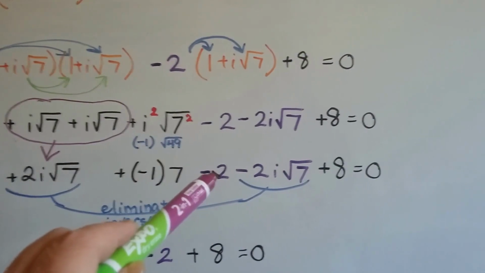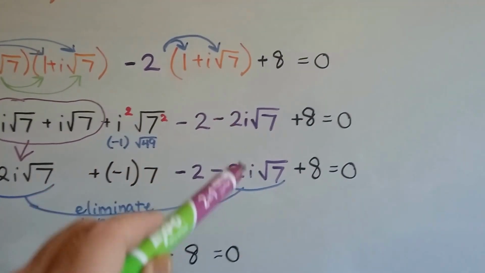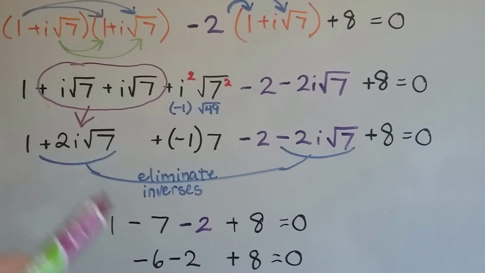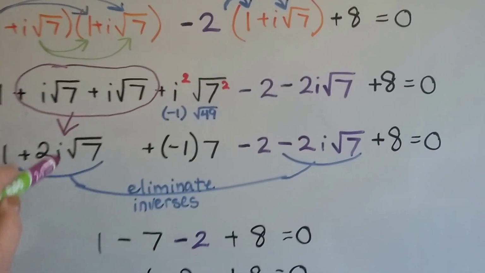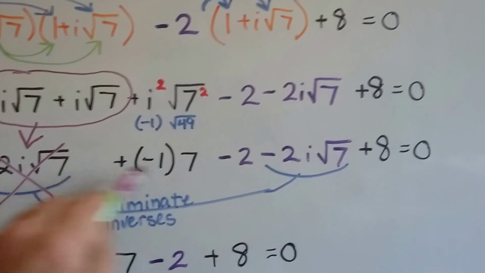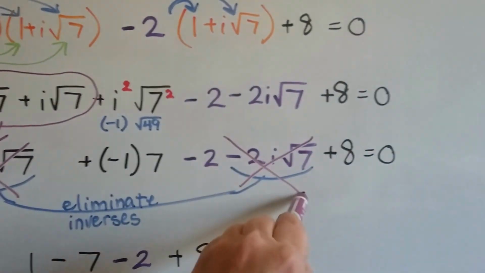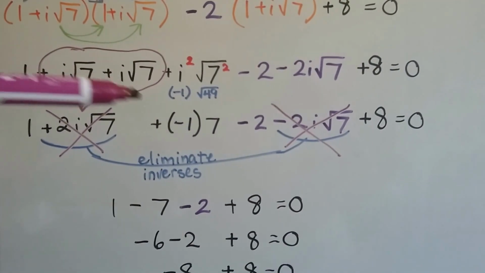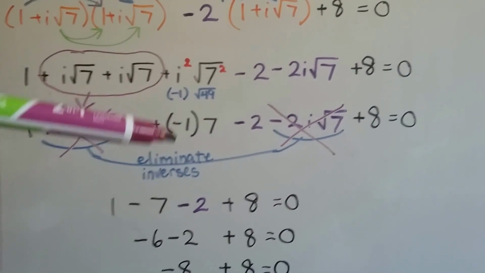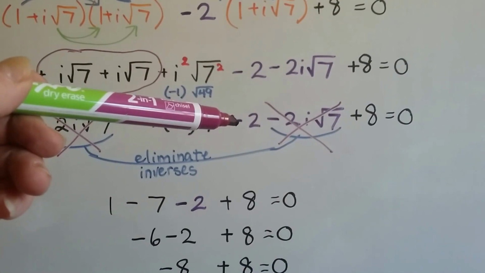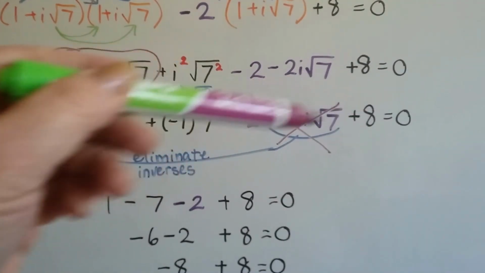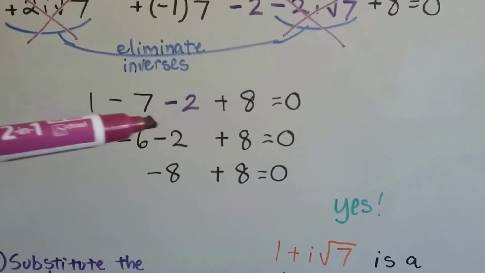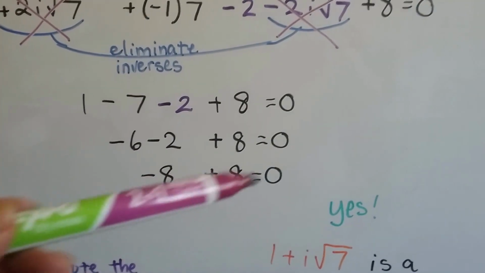We've got our negative 2, and we've got our negative 2i square root of 7 and our plus 8. Now look at this, plus 2i square root of 7 minus 2i square root of 7. So this one and this one can be canceled out as additive inverses. And now what we've got is a 1 plus 1 times negative 7 is negative 7 minus 2 plus 8. 1 minus 7 is a negative 6, minus 2 is a negative 8, plus 8 is a 0.